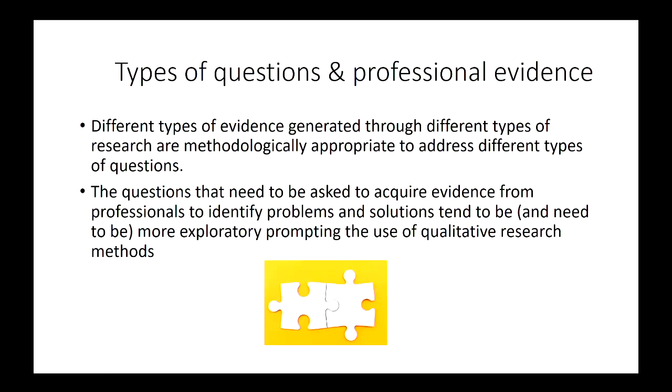Generally, evidence from professional expertise tends to be qualitative, not quantitative. You're asking them for their opinion, asking them why they think what they do. You want to surface their assumptions in order to also be aware of their limitations and biases.